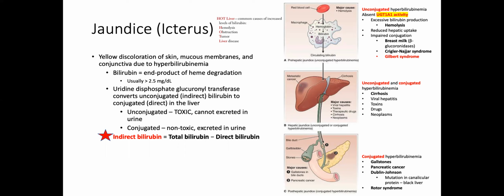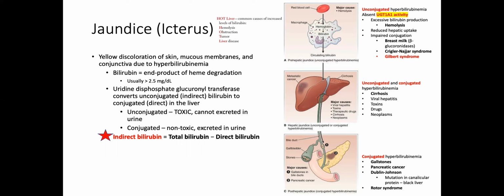Unconjugated is going to be an absence of UGT1A1 activity. Examples of this, remember that's the toxic type, are going to be hemolysis or reduced uptake. It can be impaired conjugation like breast milk, or the syndromes Crigler-Najjar or Gilbert syndrome.